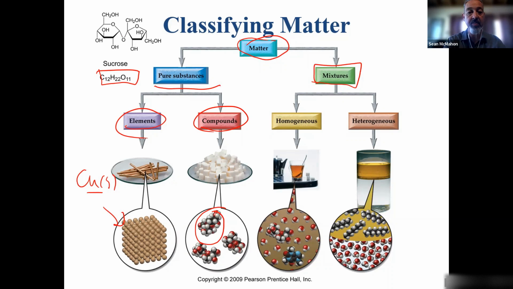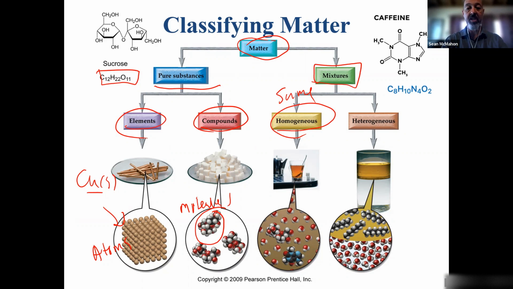So again, pure substances, you can think of atoms and molecules. And we talked about this last lecture. Mixtures, we can have variable proportions. A homogeneous mixture, homo just think same throughout. So this mixture here is tea, and it has different components. For example, caffeine, sucrose, and water, but they're in variable proportions.